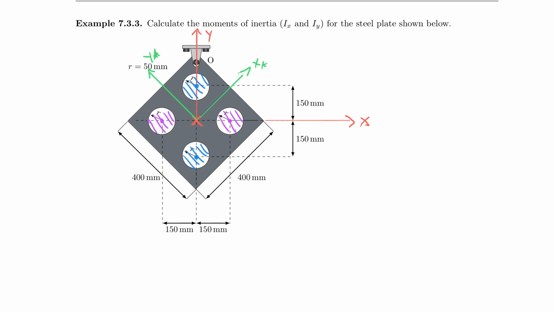So I encourage you to find the moment of inertia first about the horizontal axis and the vertical axis, and then what's probably easier, at least for you conceptually, is the moment of inertia about this axis and this axis. And to do that, just rotate your piece of paper by 45 degrees and it will become much easier, right? And also you will have easier access to the symmetry of the problem.